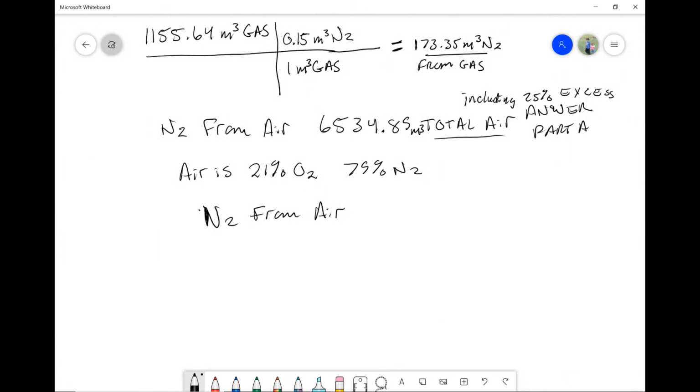Okay, so N2 from air equals, I should put an equal sign instead of a colon, 0.79 to be proper, times 6534.89 cubic meters.